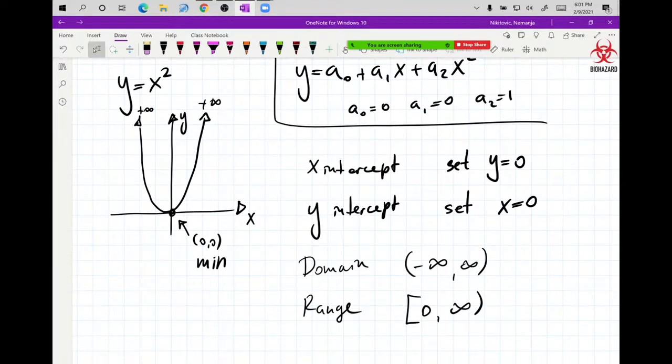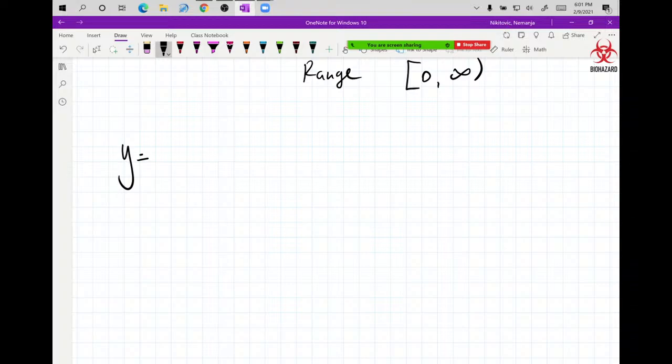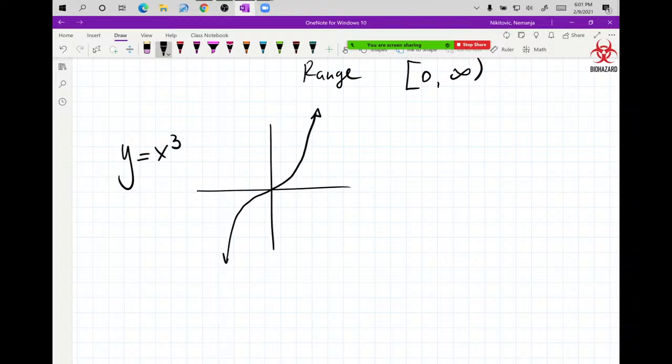Now, all of these things we had from our previous class. There is nothing new here. But we are now going to take a look at f of x equals x cubed, which is this squiggle like this. And now we are going to see that your x-intercept is at 0, 0. Your y-intercept is also at 0, 0.